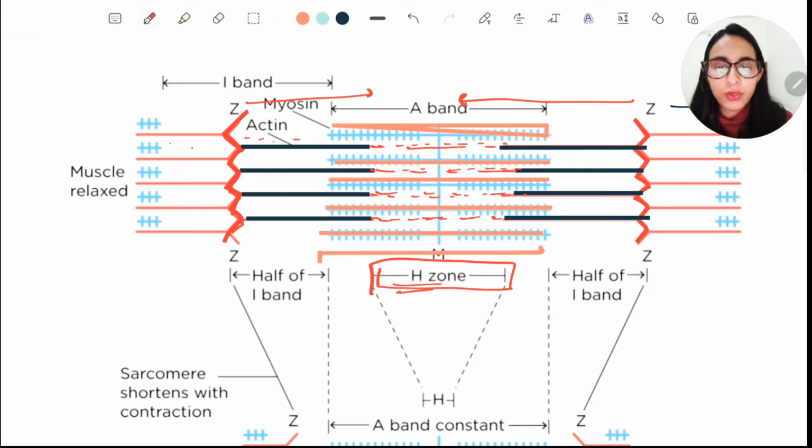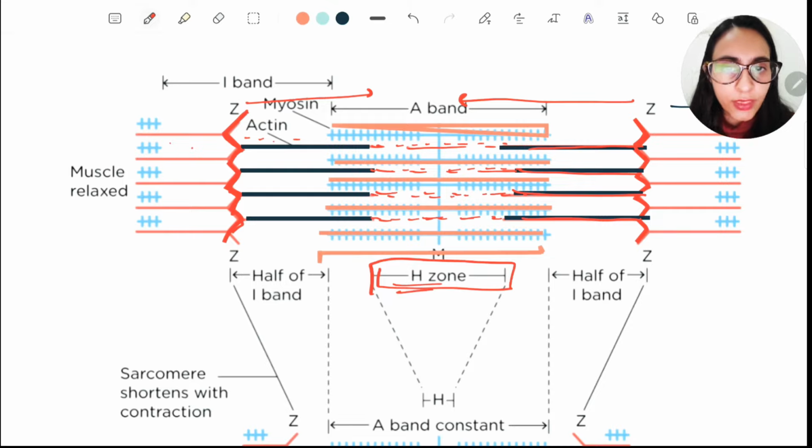So the Z lines come closer and the A band remains constant. There is no change in the thick filament. The thick filament remains as it is, because the Z line is coming closer, and you can see from the Z line these thin filaments are anchored to each other with proteins, which we'll talk about in a while.